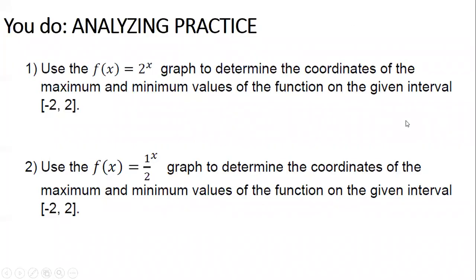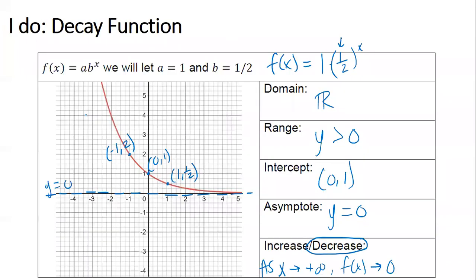All right, so checking your analyzing of the graph. If I have f of x equals 2 to the x, which is our first graph, our growth function, and I'm looking at between -2 and +2. Let me hop back to that graph really quick.